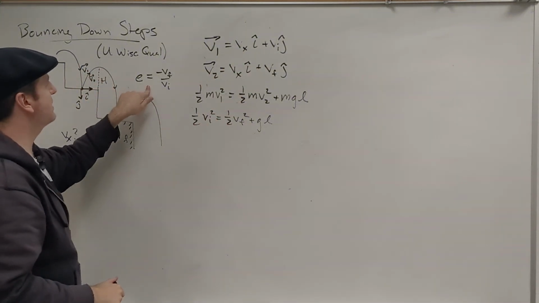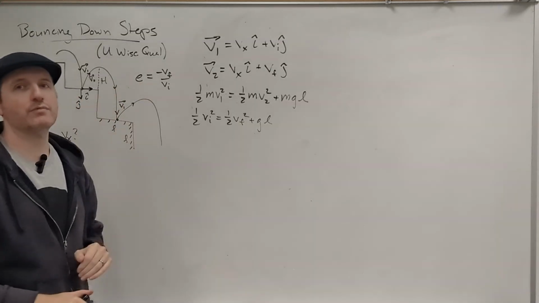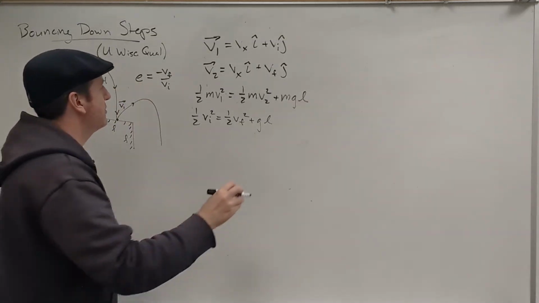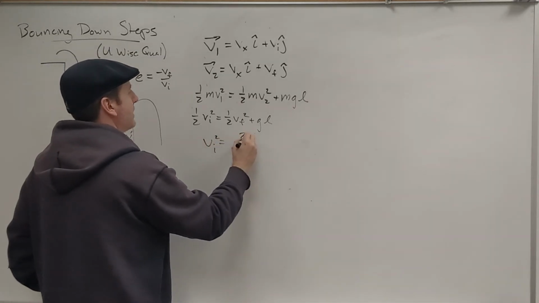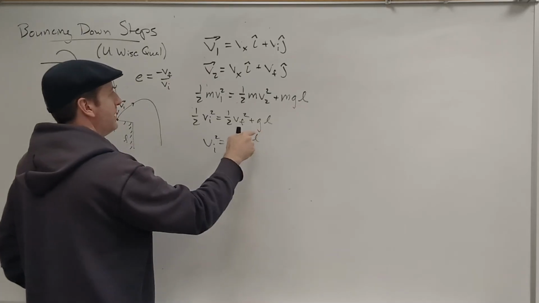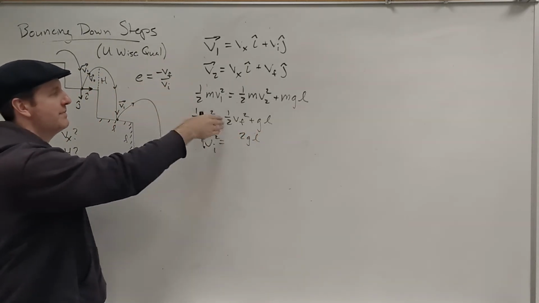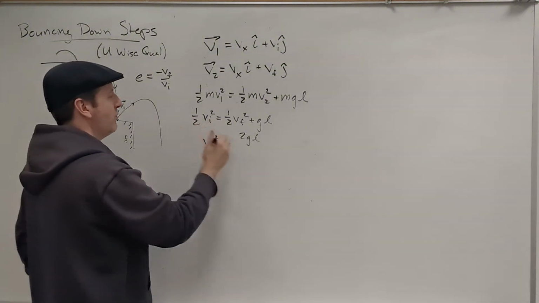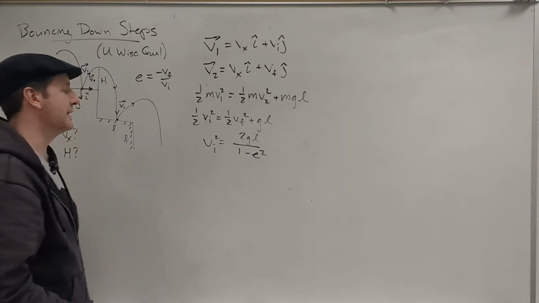But luckily, we've got this nice relationship between Vf and Vi in terms of the coefficient of restitution. All right, so solving this out, let's solve for Vi. It'll be, what, 2gL? This Vf I can replace with e times negative Vi. The negative doesn't matter since we're squaring it. And then when I pull that over and factor, I'll end up with this relation.